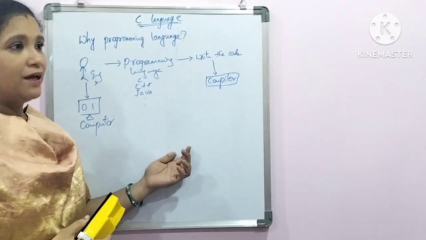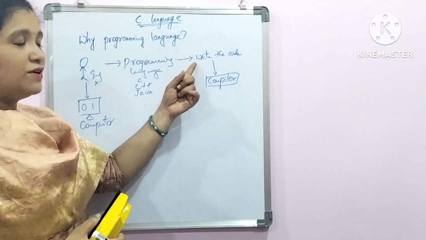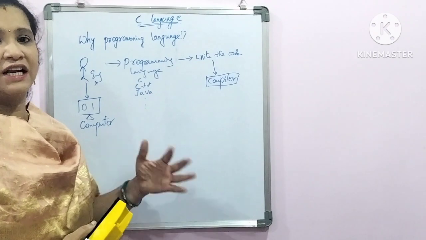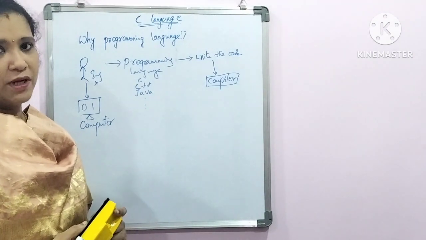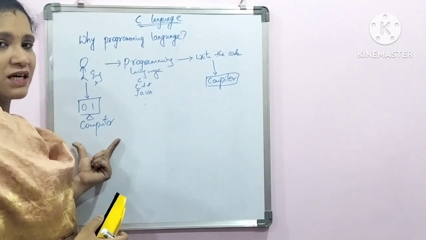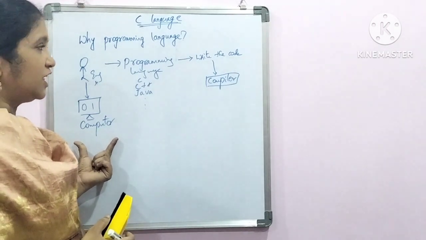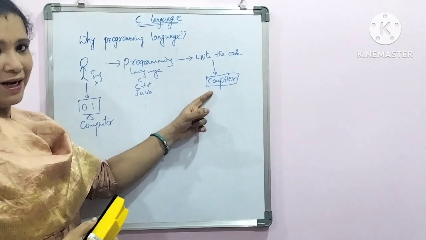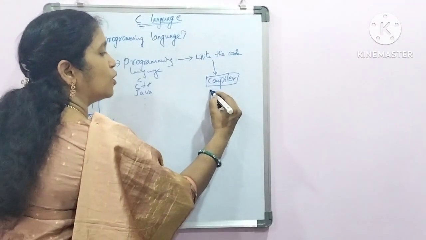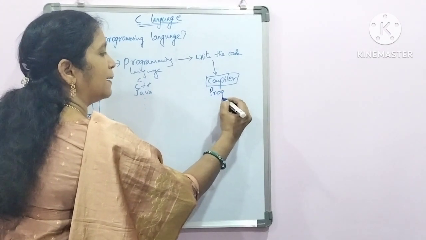In the same way, whenever we write code, there is no guarantee that we will write in a perfect manner. So in order to complete our task successfully and perfectly, we require the compiler. What is a compiler? A compiler is also a program.